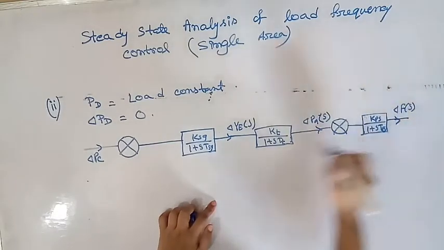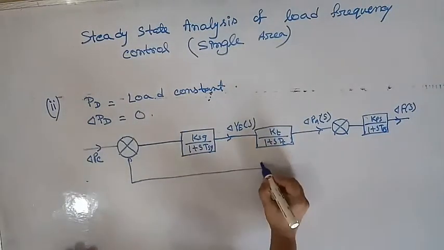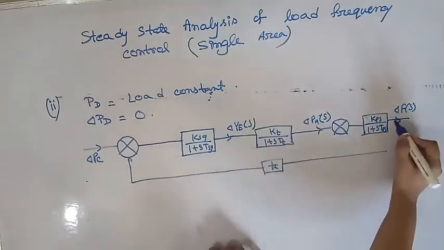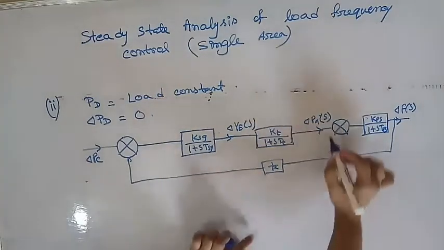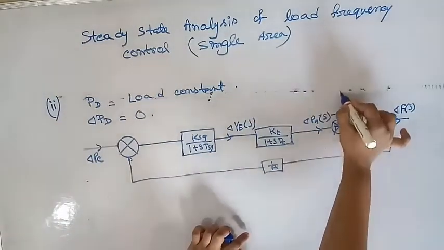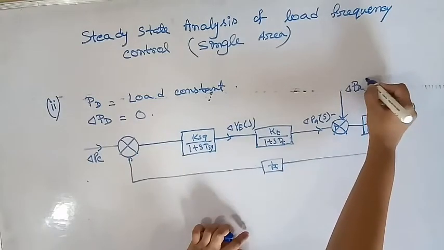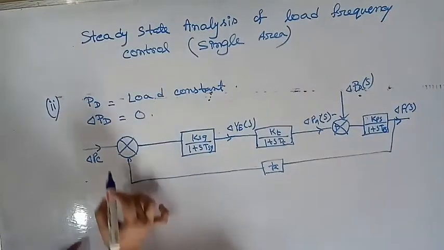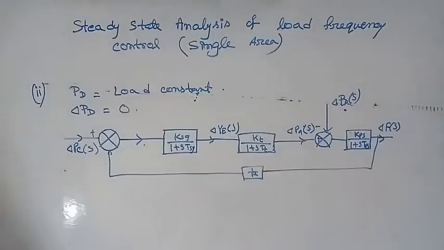Output is delta F of S. Feedback gain is 1 by R, and there is another input, delta PDS. Now this input is equal to 0. Now this is delta PS.